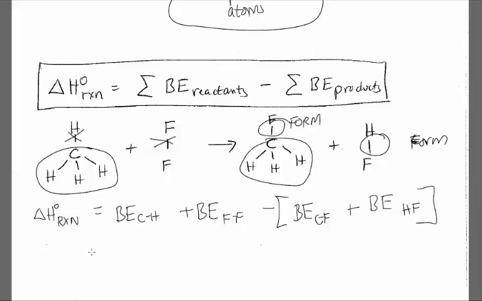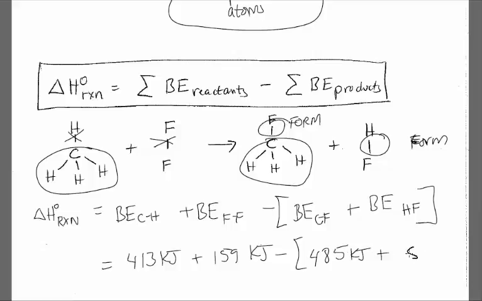All right, so we can get those numbers by looking them up on a table of bond energies. The bond energy of the first one is 413 kilojoules. Bond energy of fluorine is 159 kilojoules. Bond energy of CF is 485 kilojoules.